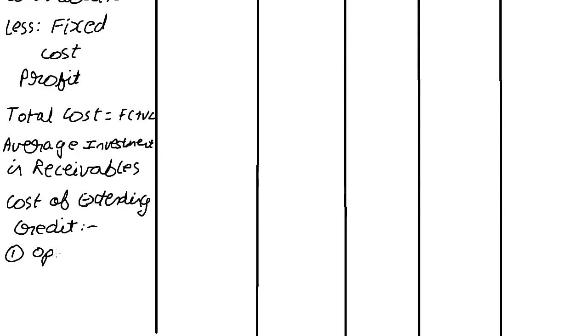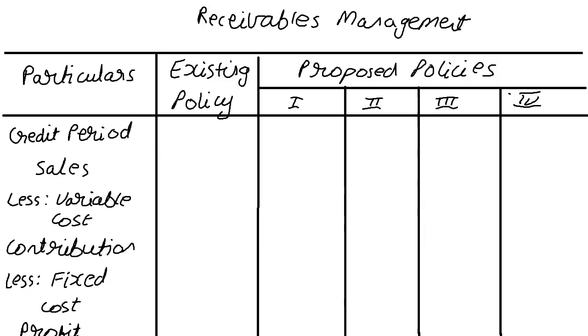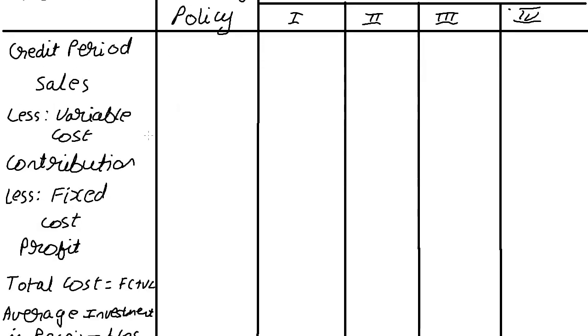The next thing is to calculate cost of extending credit. And the first item in the cost of extending credit is what we call opportunity cost. Alright, and to get a better perspective of this, I'm going to shift the table to the right.